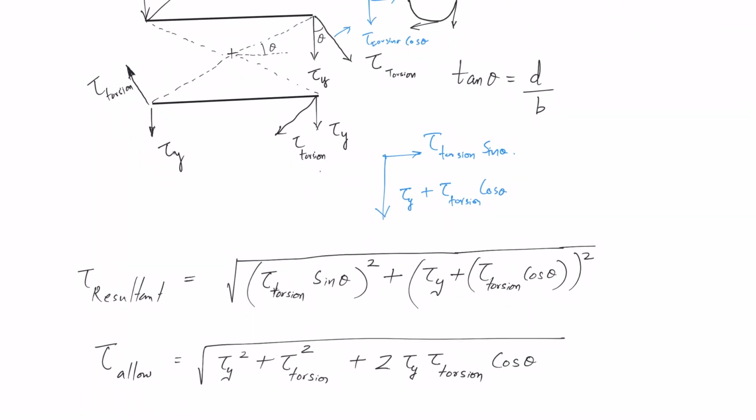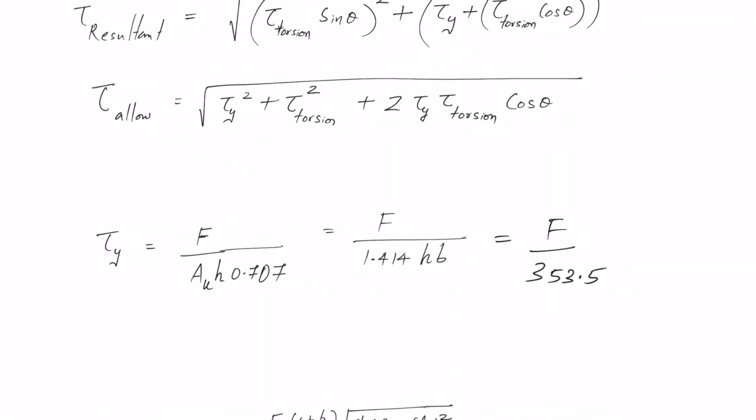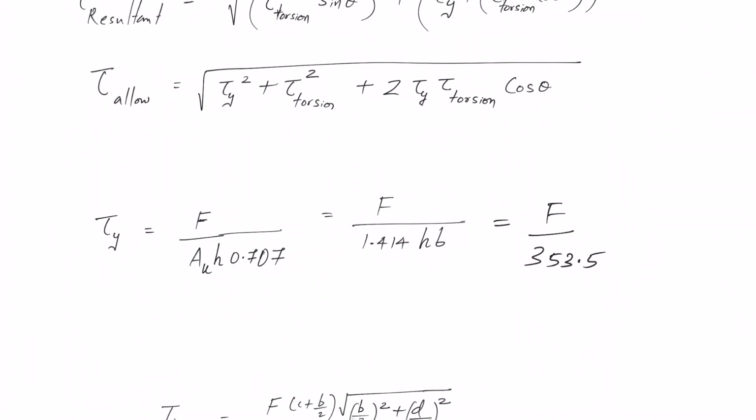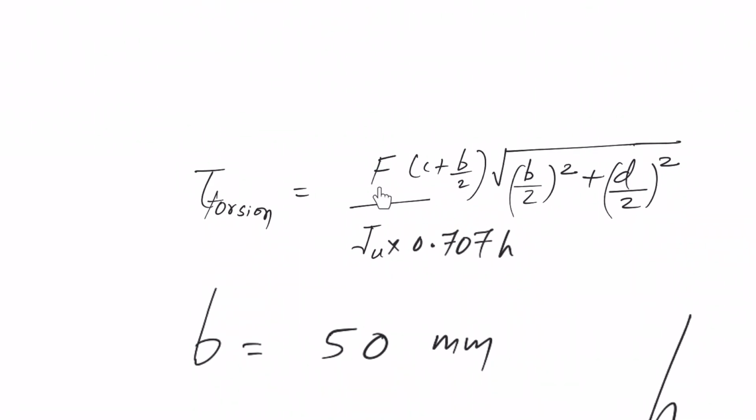Now, we need to find the resultant shear stress. What I have given here is that you need to square these two terms together, then you will get your resultant shear stress. Now we want to equate that resultant shear stress to the allowable shear stress. Rest everything is plug and check. You can start substituting the values, then you arrive at expressions like this. Be careful, because this is the force, this is the distance, so this gives the torsional moment, and this gives the radial coordinate of the point of interest, and this is how we evaluate the total second polar moment of area.